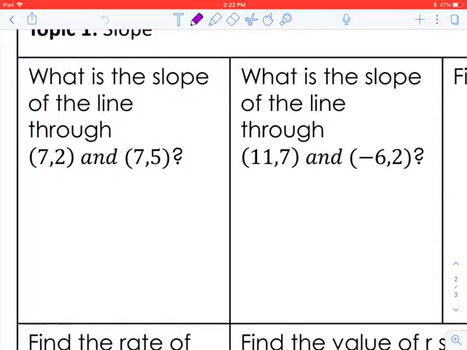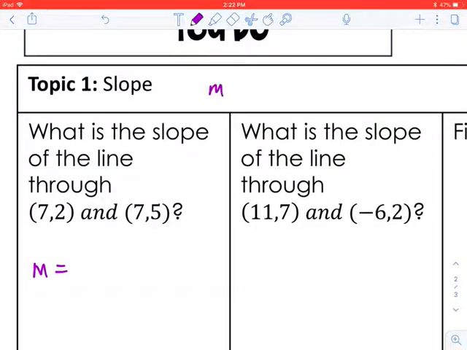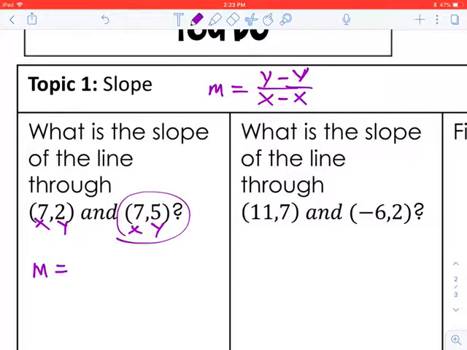Okay, so for the first one, again, the slope formula is m equals y minus y over x minus x. And so if you need to label those, that would be fine. So y minus y, in this case, I'm going to start with this one, so 5 minus 2 over 7 minus 7.